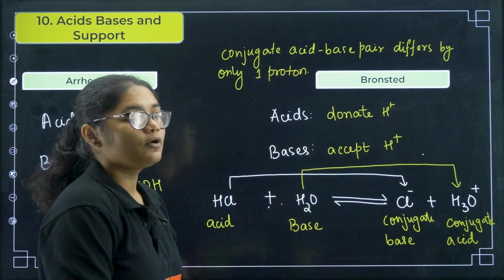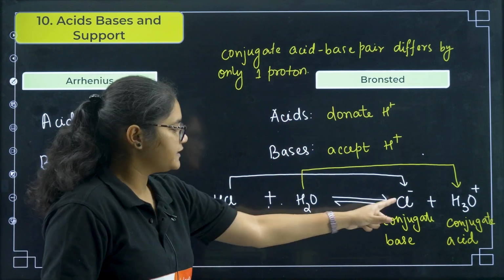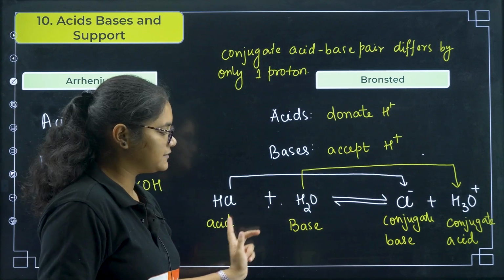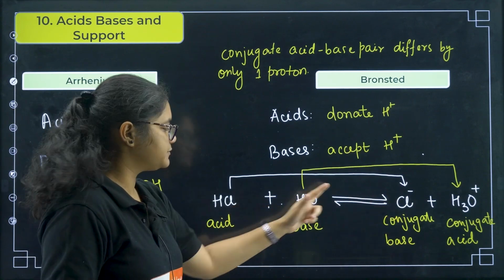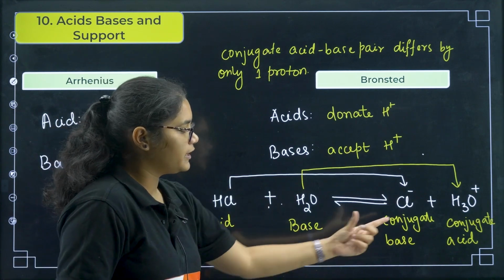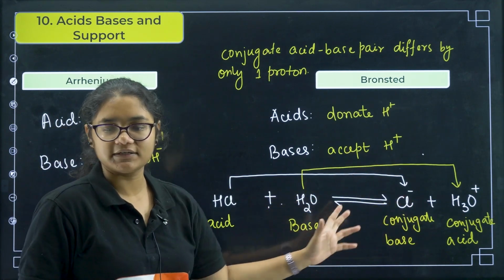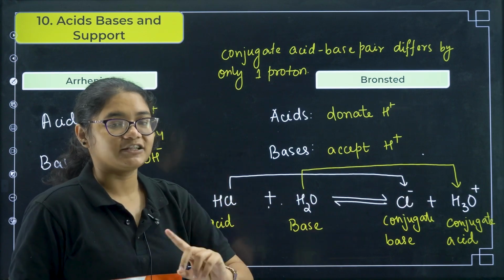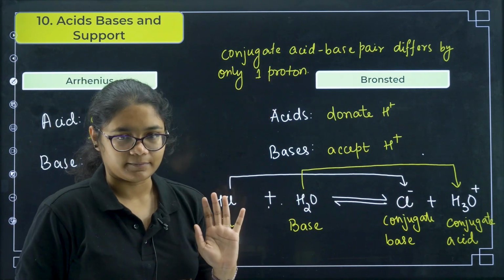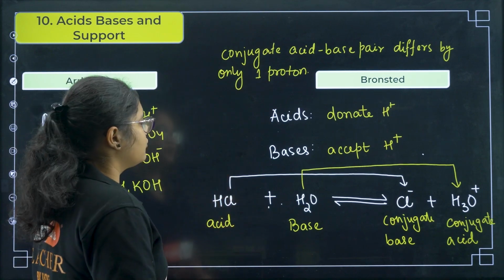HCl and Cl minus are a conjugate acid base pair, and what is the difference between them? They have one proton difference. Similarly, H2O and H3O plus, what is the difference between them? You have one H plus difference, right. So that is all about conjugate acid base pair. Clear? Now let us take one more example.